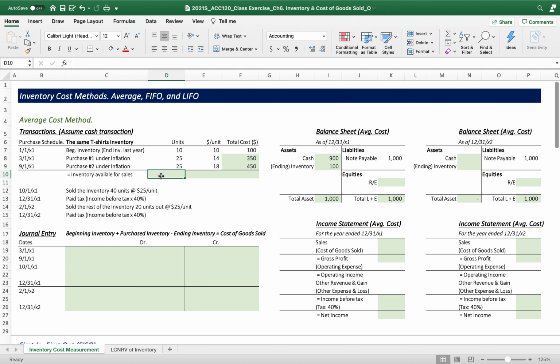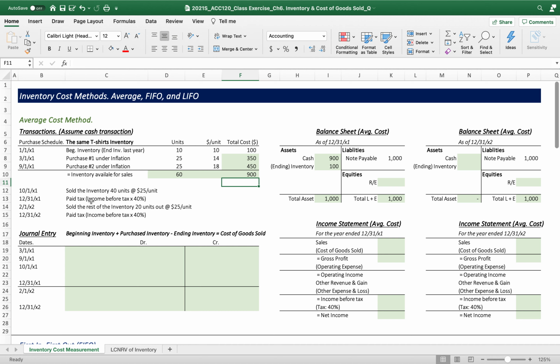Then what is the number of units available for sale? You can just sum all the inventories on hand before selling. The total cost is also the sum of the beginning inventory and the purchases, so $900.